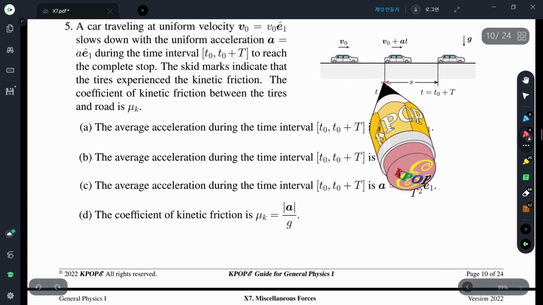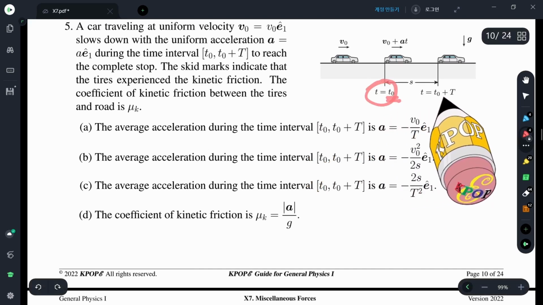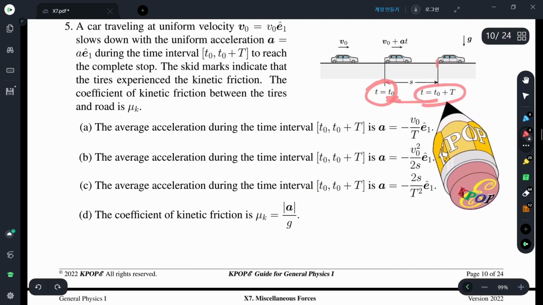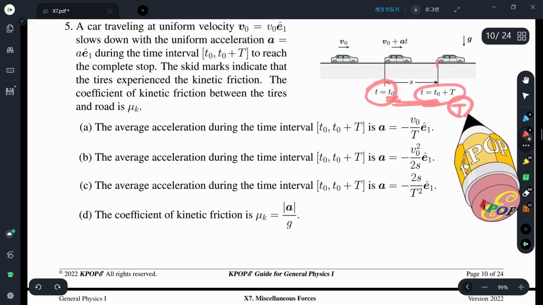The car begins to decelerate at t0, and it makes a complete stop after additional time, capital T, has passed.